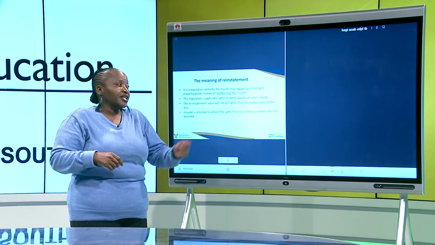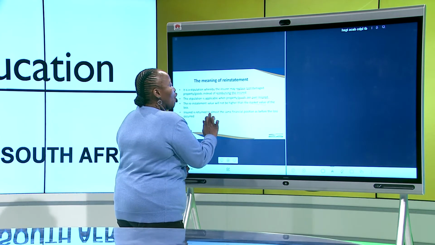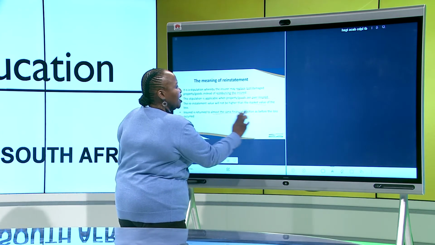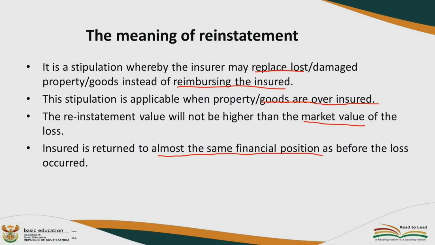It means here the insured is losing out. The insured is returned to almost the same financial position as before the loss occurred. Nobody must make a profit out of insurance. That is why the insured is returned to almost the same financial position he or she was in before the event occurred.